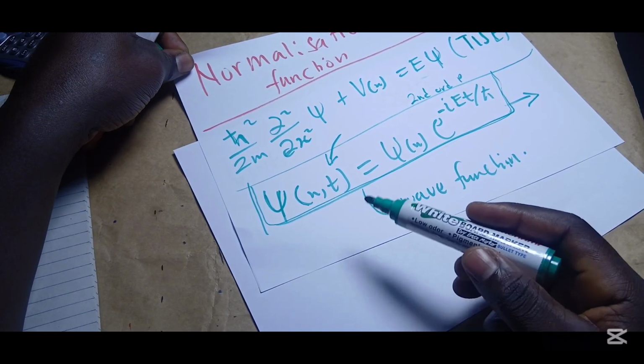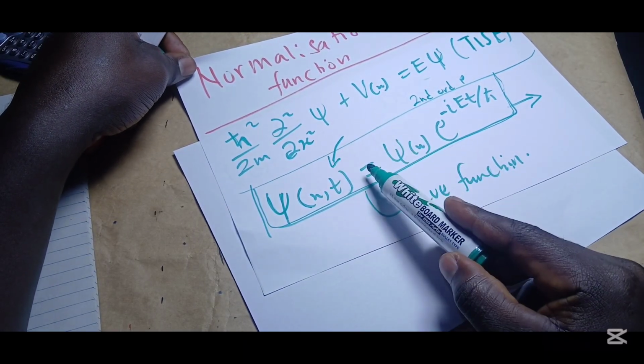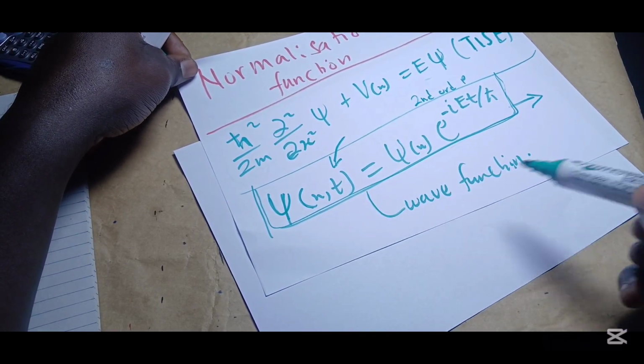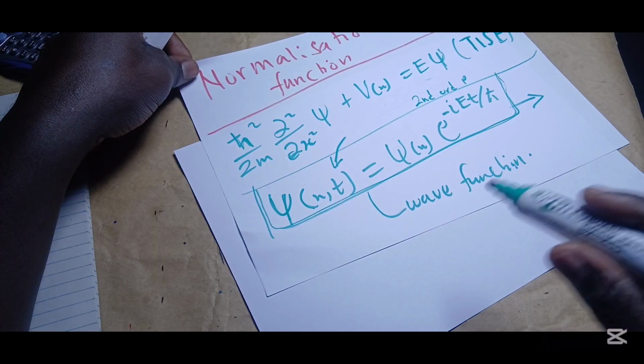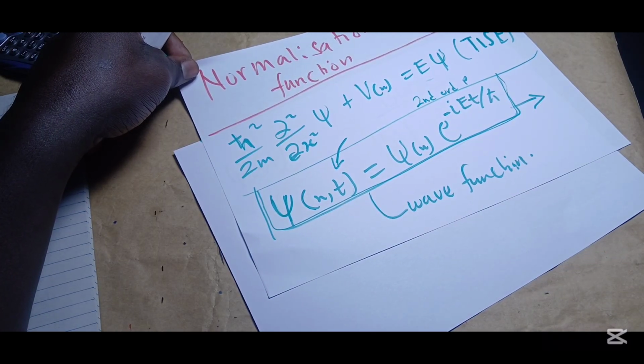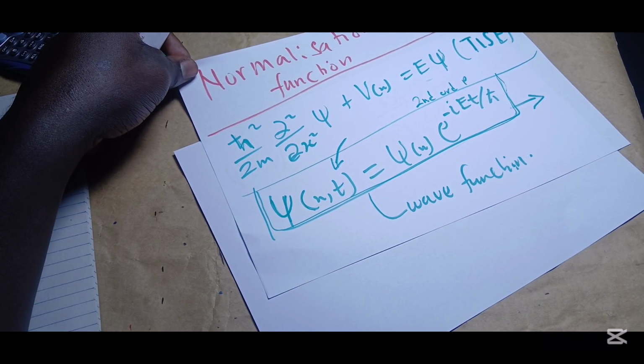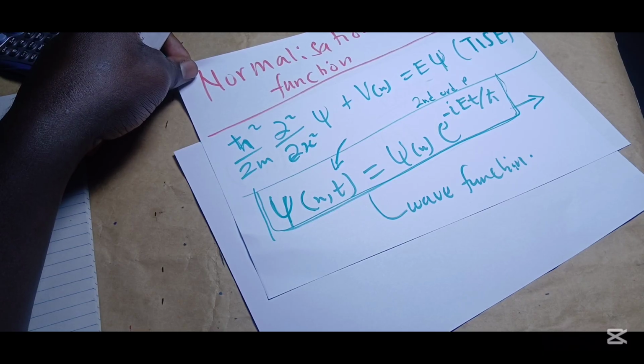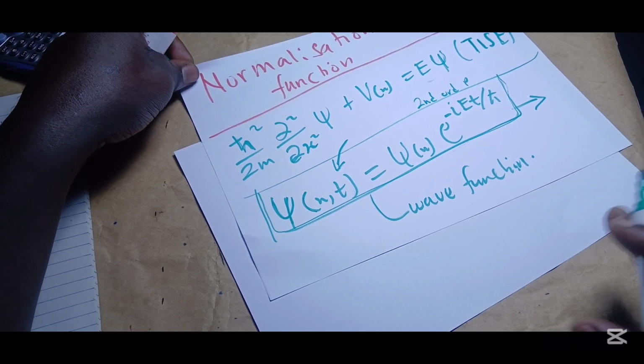And any solution that you get from solving this, when you multiply it by a constant, turns out to be part of the solution. Multiplying by another constant will be part of the solution. Multiplying by a lot of constants will also give you a function that would be part of the solution.